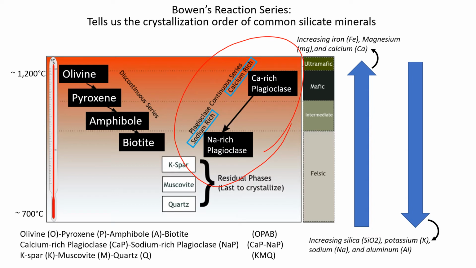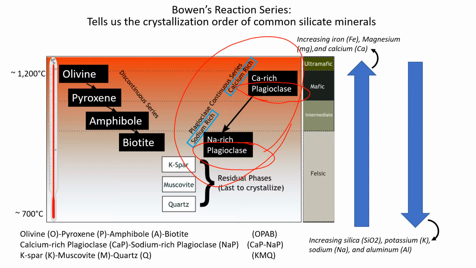But in contrast to the discontinuous branch, Bowen noticed that over this range of temperatures, the actual mineral didn't change. You can see on this right-hand branch that it's plagioclase all the way down from high temperature to low temperature. So it's not the mineral itself that changes. Instead, what changes in a gradual, continuous way is the composition of the mineral.